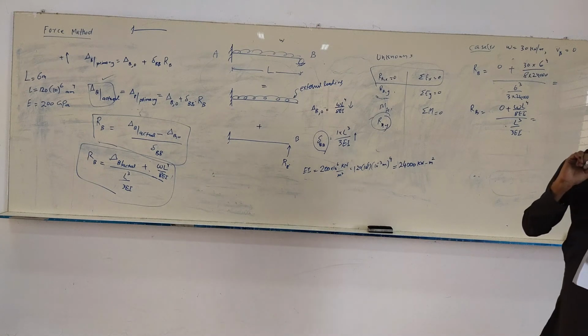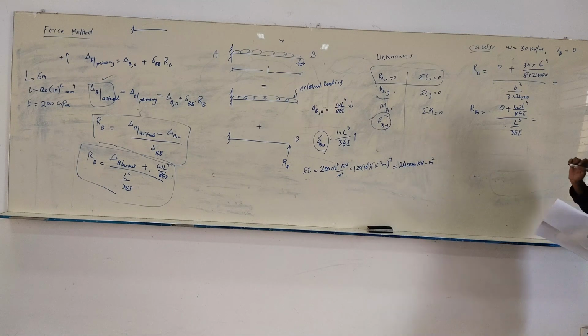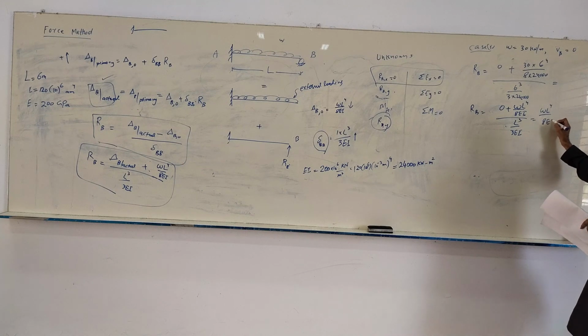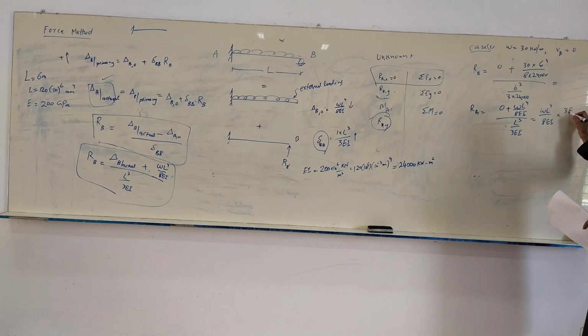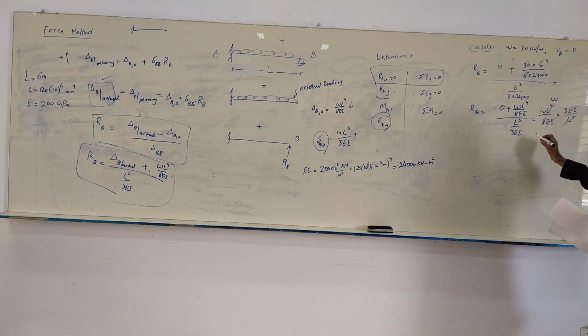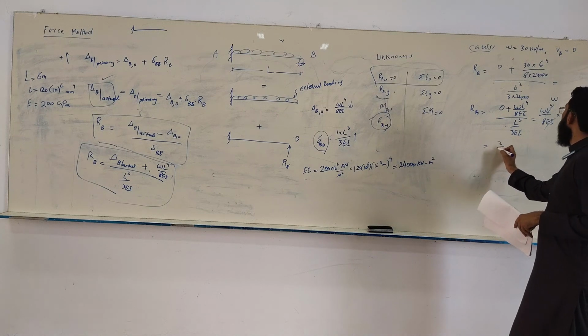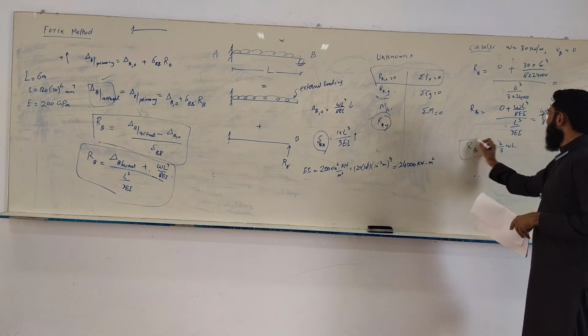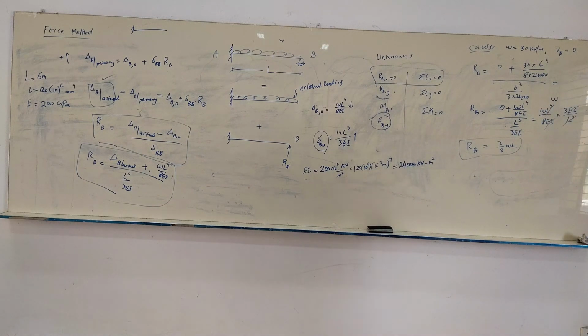WL raised to the 4 over 8 EI. So you know what we can do over here? So it is 3 by 8 times WL, RB. Now it sounds easier. You can just imagine what the value looks like.